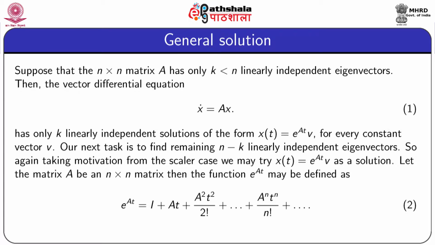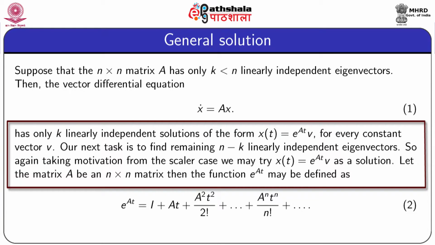Suppose the n cross n matrix A has only k linearly independent eigenvectors, where k is less than n. Then the vector differential equation, given by 1, which is dx/dt equal to Ax, has only k linearly independent solutions of the form x(t) equal to e to the power at into v for every constant vector v.